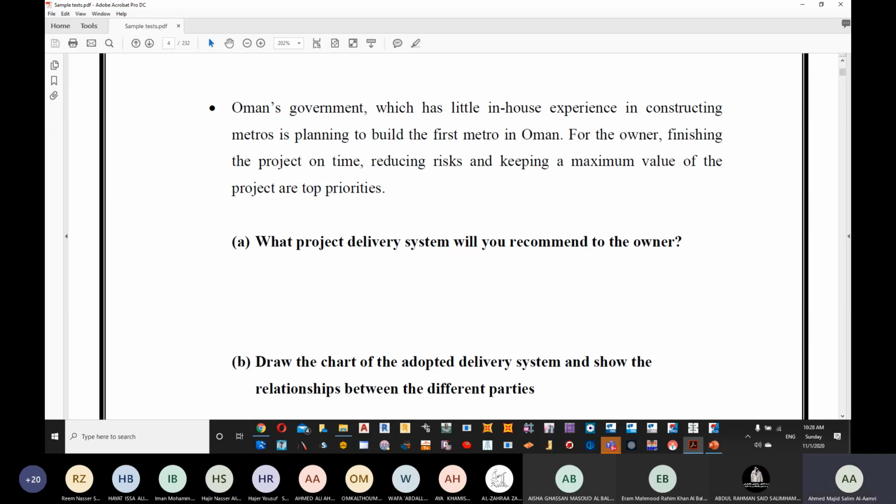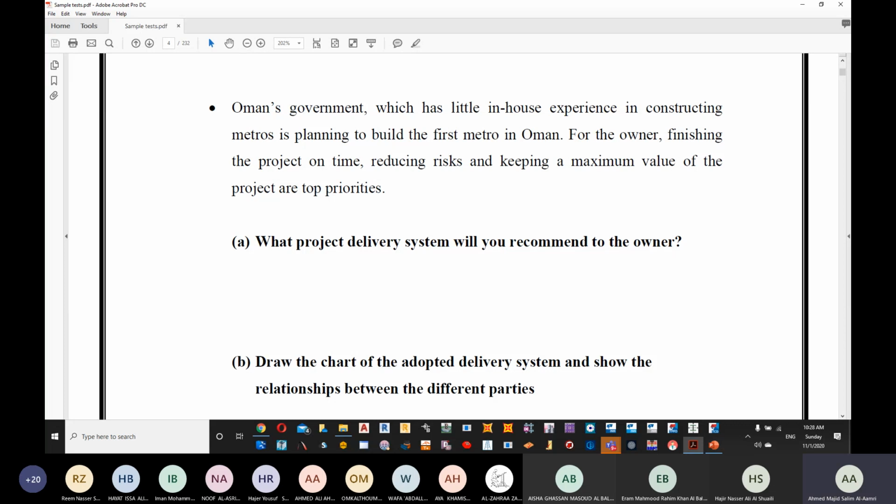In design build the risk is high, it's with the owner only. In the other methods, we have the risk with the contractor and the risk with the construction manager. So the first method, which is design build, is going to go out.